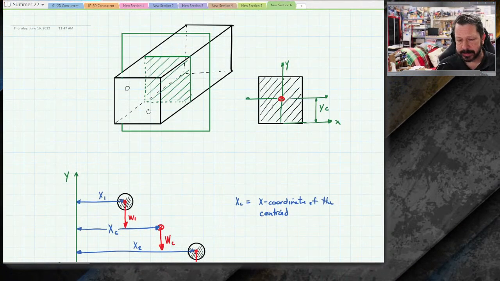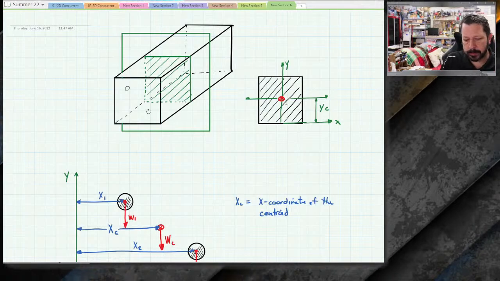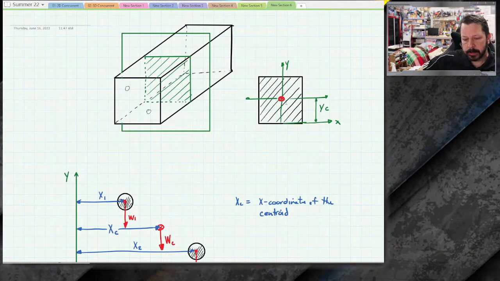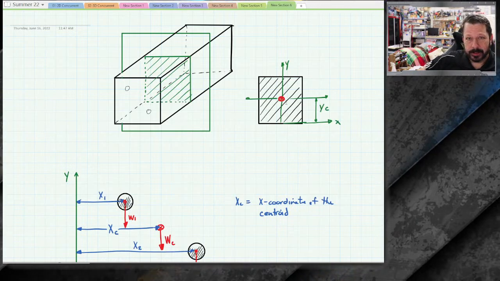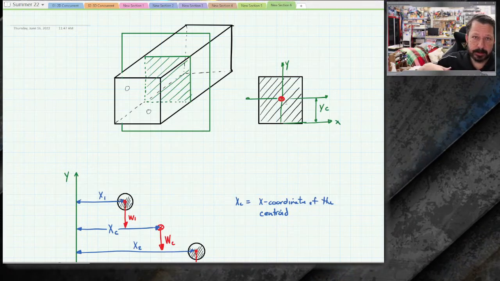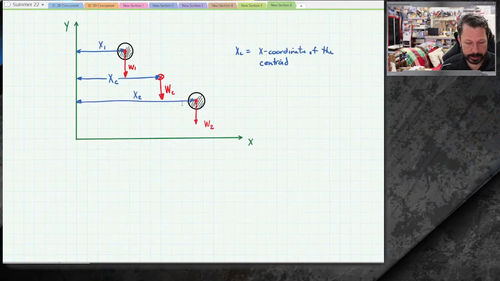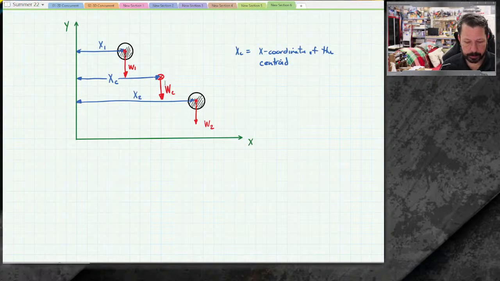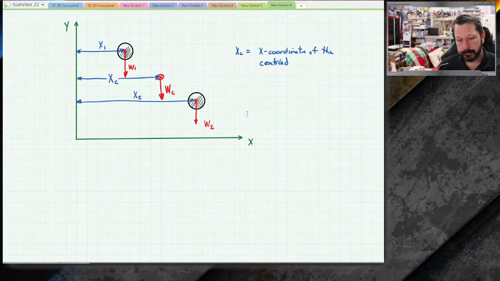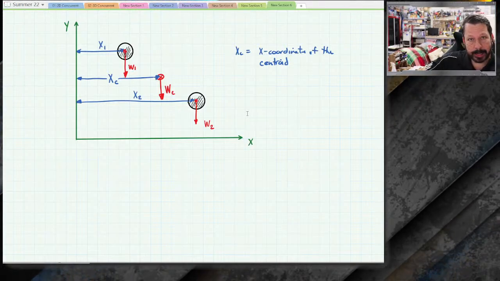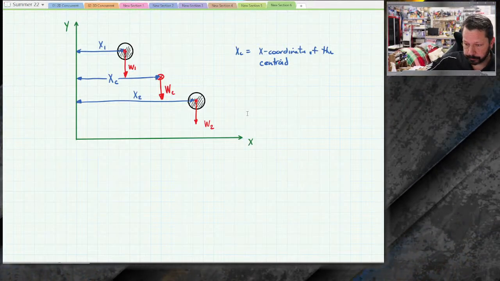When I talked about the centroid of our rectangle, I described it as the point where it would balance. So it has something to do with the weight of the shape, right? And I do have weights here: weight 1, weight 2, weight sub C. So the idea is that when something's balancing, it's in equilibrium.